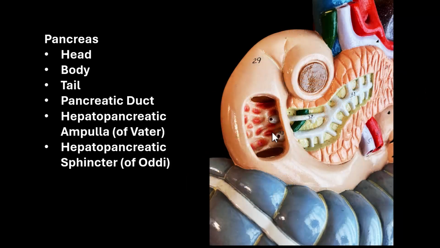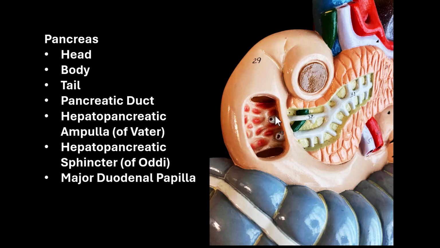So now we're looking inside the duodenum, and again, here is the head of the pancreas, the body. You can see a little bit of the tail of the pancreas, the pancreatic duct, and the hepatopancreatic ampulla of Vater. Again, inside that will be the hepatopancreatic sphincter of Oddi. And then right here is what we call the major duodenal papilla.